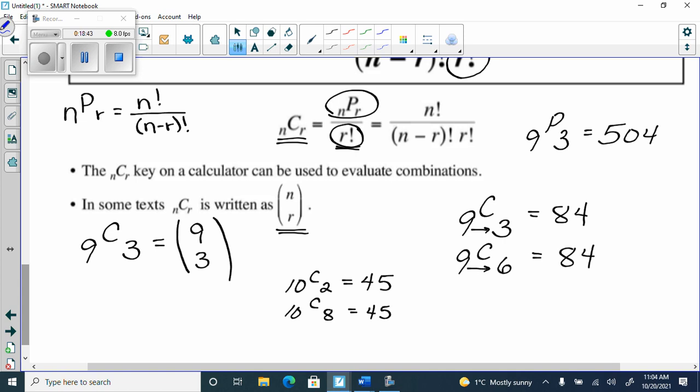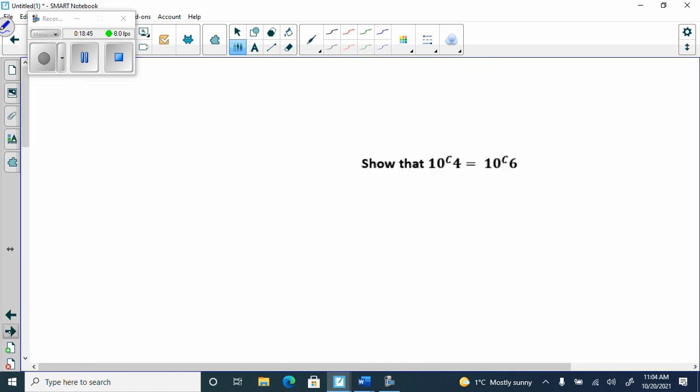Let's flip over and see why that happens. Show that 10C4 equals 10C6. We're going to use the formulas to show this. Ready? So I'm going to write here 10C4, and then a space 10C6. I'm going to show how they're the same thing. And I'm going to write above the formula.